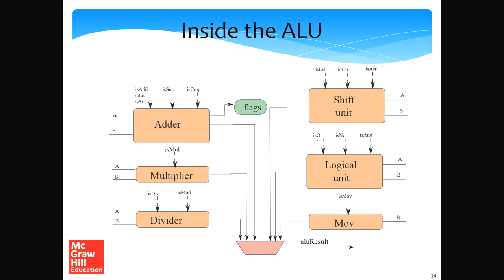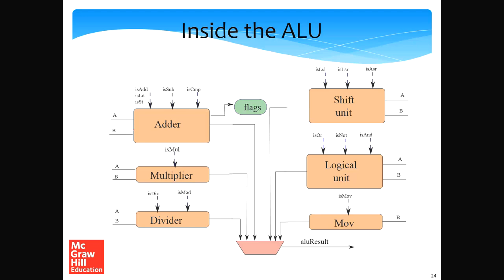So let's take a look at what is happening inside the ALU. Inside the ALU we have many functional units. The most important unit inside the ALU is the adder, and the adder actually does several things. Of course it does regular addition.